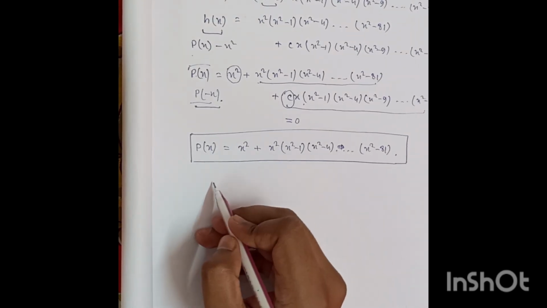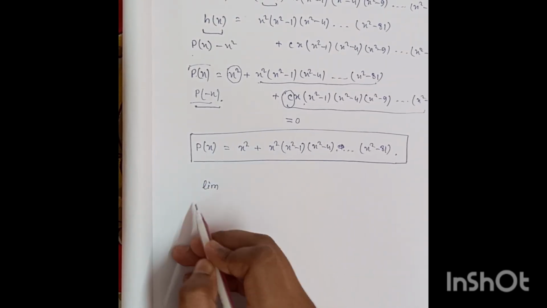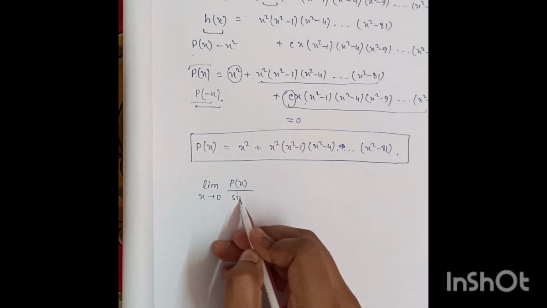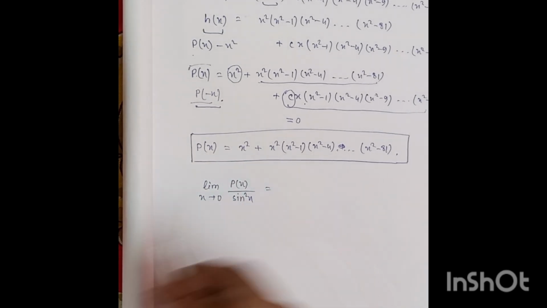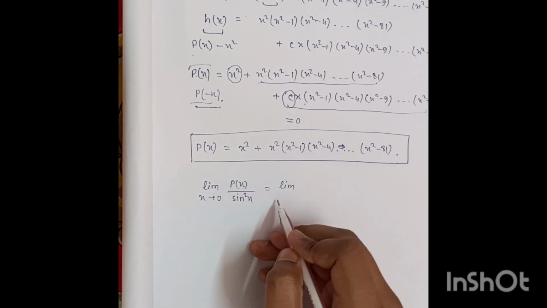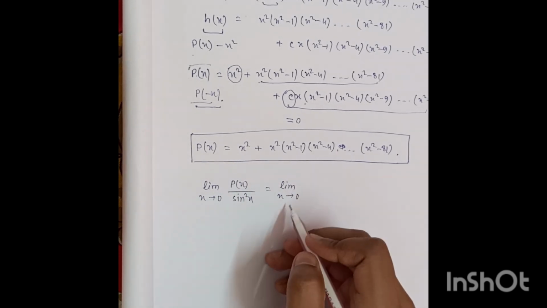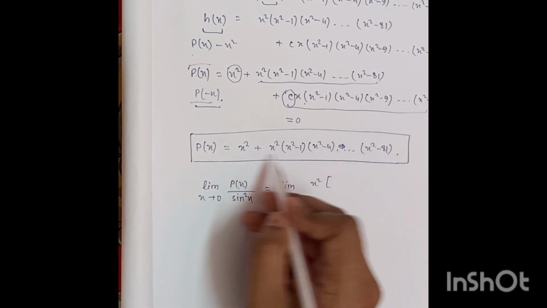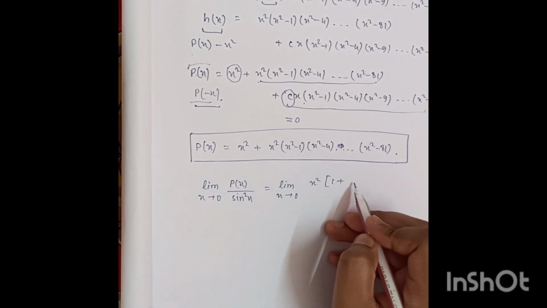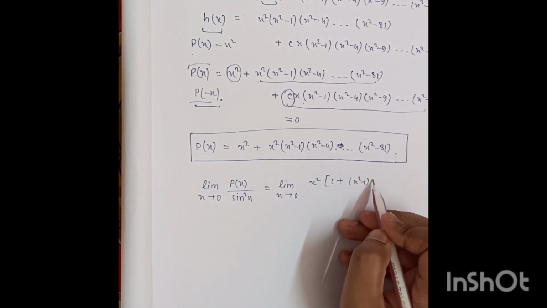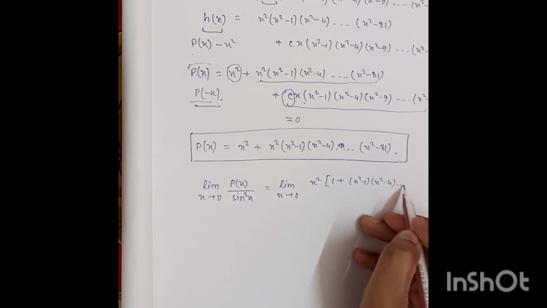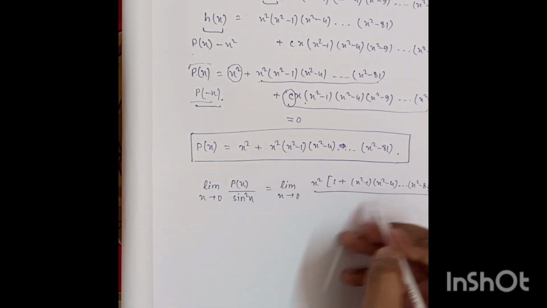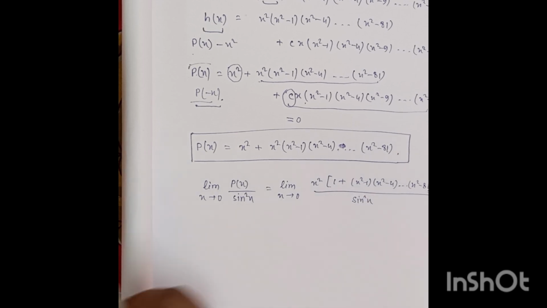So if we apply the given limit here, limit x tending to 0 of p(x) by sine square x, then we are left with limit x tending to 0 of x square, we take common, then 1 plus this multiplication here, and then in the denominator sine square x.